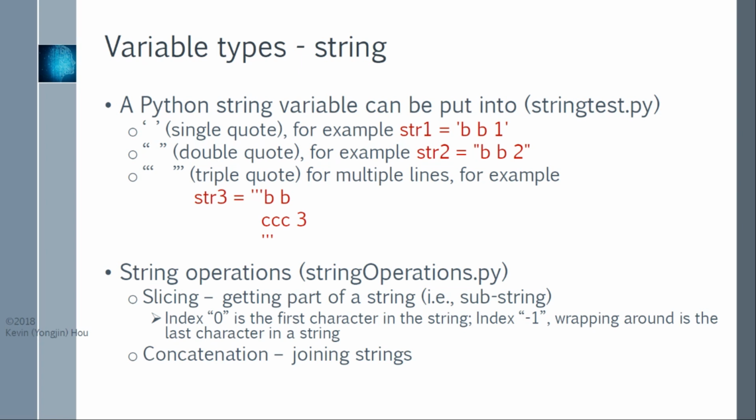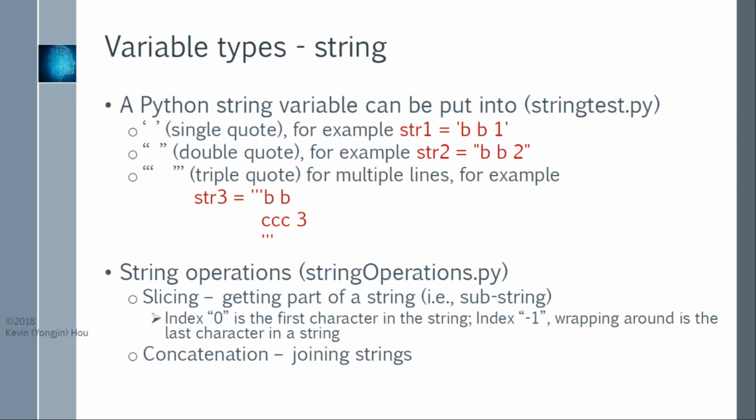And furthermore, once you have a string, which is a sequence of characters, the Python language allows you to do some operations with the character sequence. You can do slicing, which means you take a part of the string, or a substring, or you can do concatenation, basically combining multiple strings into one.